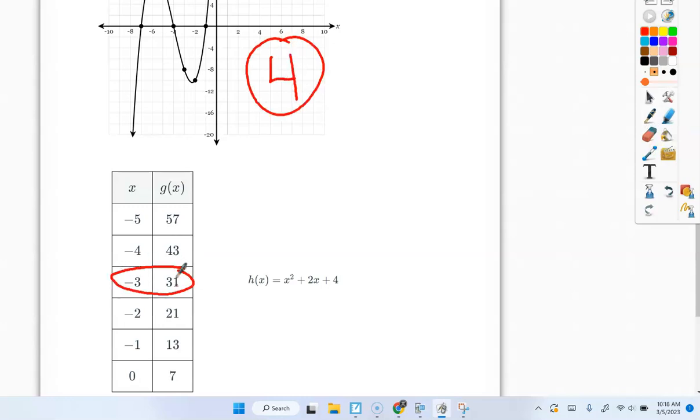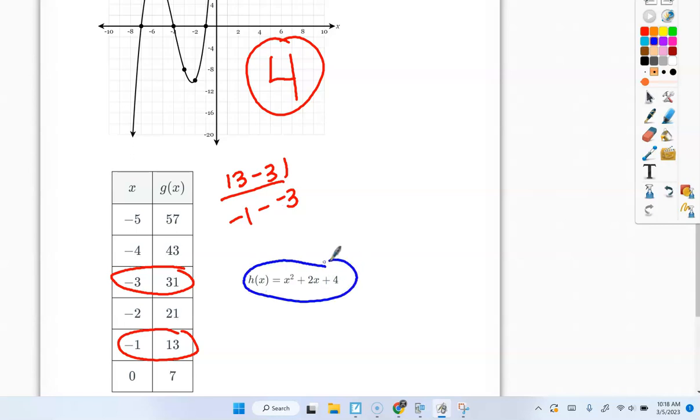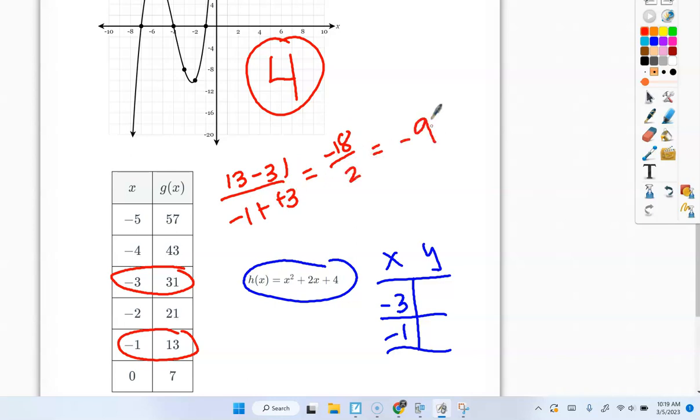The rate of change for function g is going to be 13 minus 31 over -1 minus -3. And for function h, we would need to get those points from a table by using our graphing calculator. For function g, we get -18 over 2, which is -9.